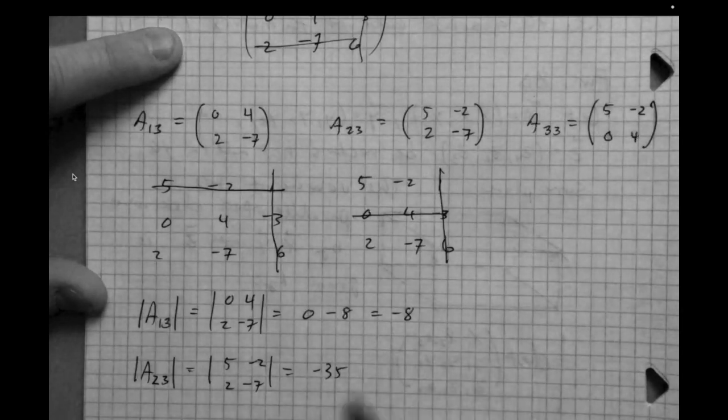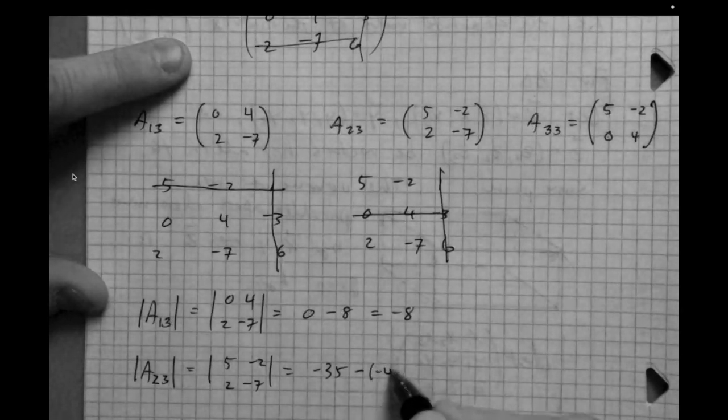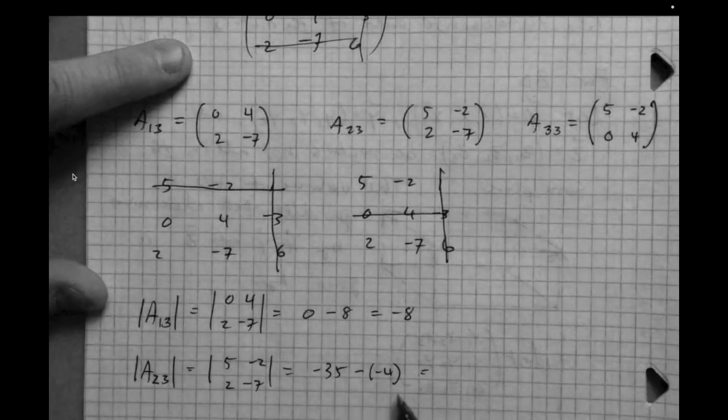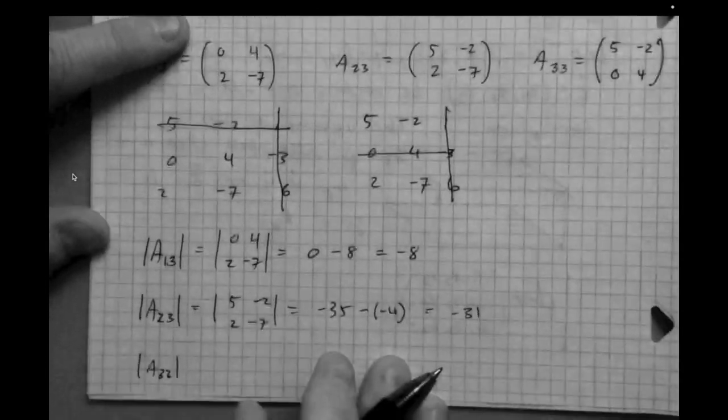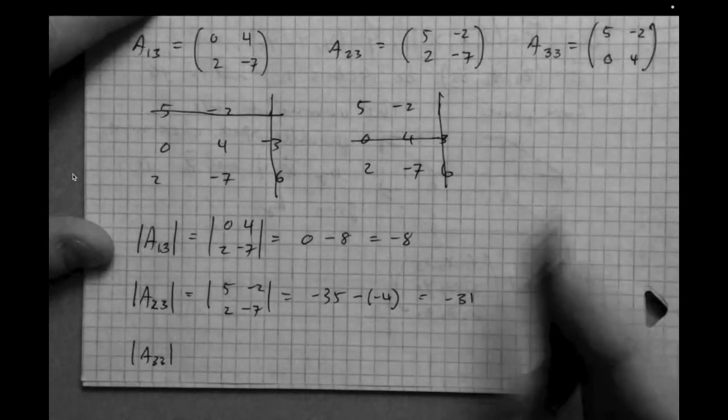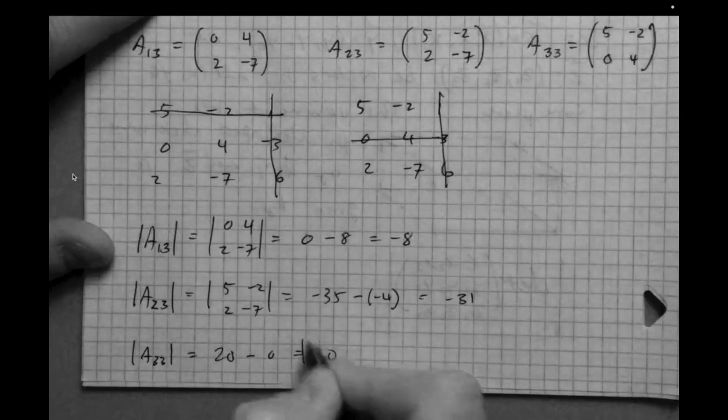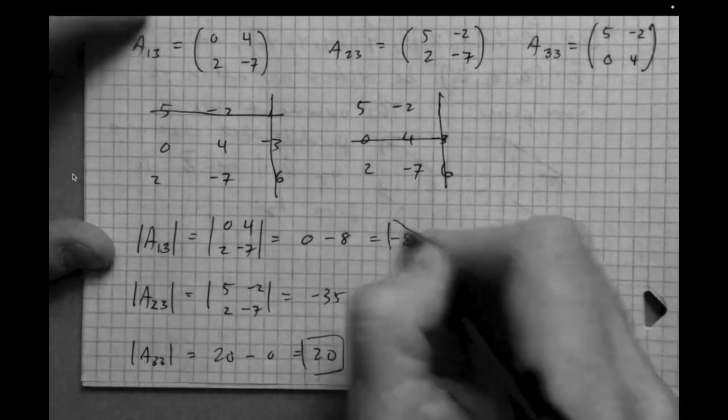That's -35 minus -4, so -35 plus 4, so -31. Similarly, the A33 minor is the determinant of this one, so it's 20 minus 0. So you've got the submatrix, and you've got the minor, which is the determinant of the submatrix.